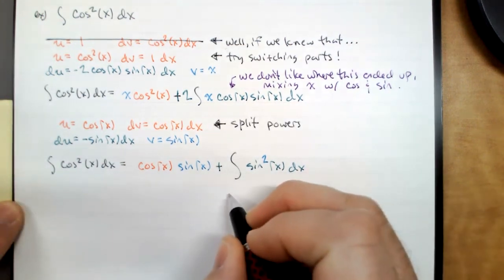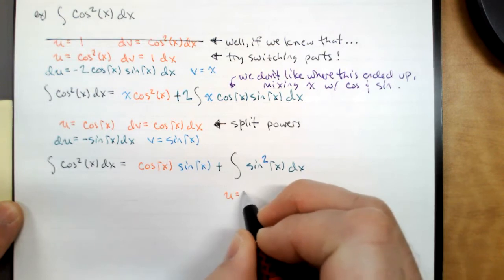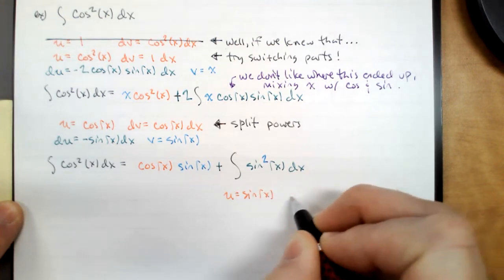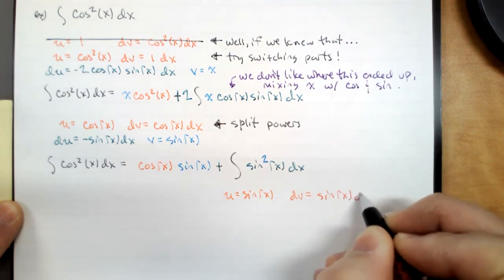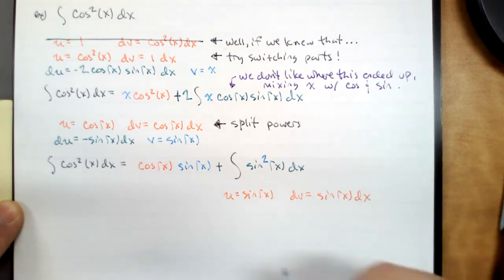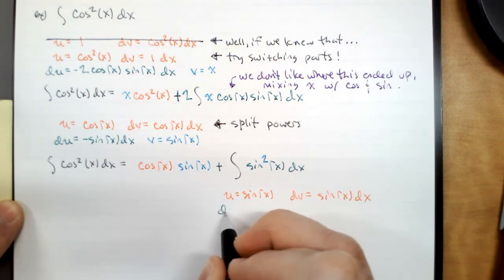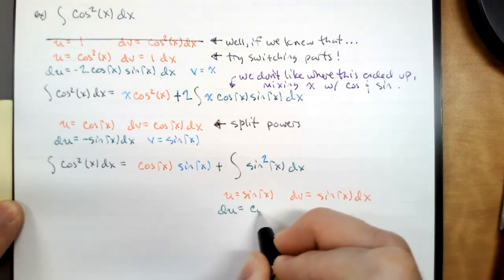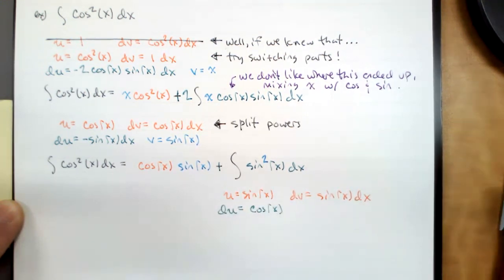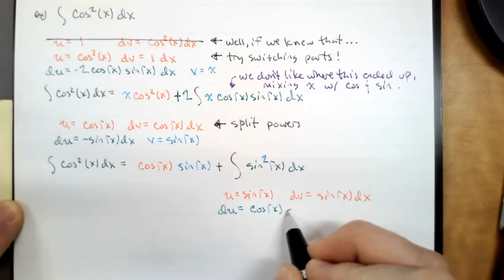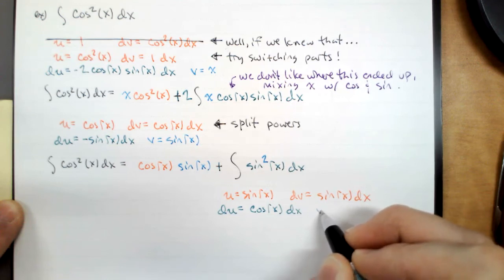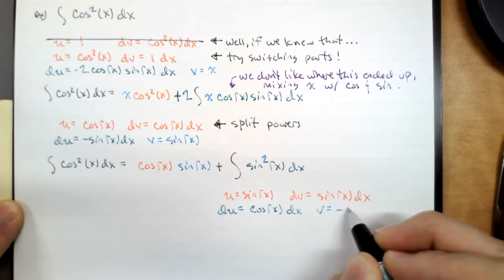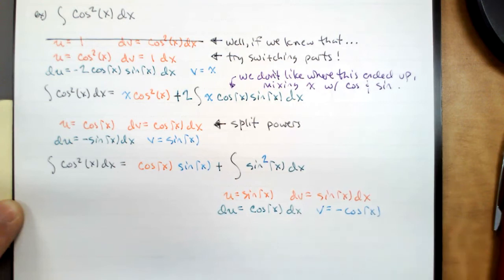So let's try the same strategy and watch it not work. The u is sine x, and dv is sine x dx. And then our du is cosine x dx, and v is minus cosine x.